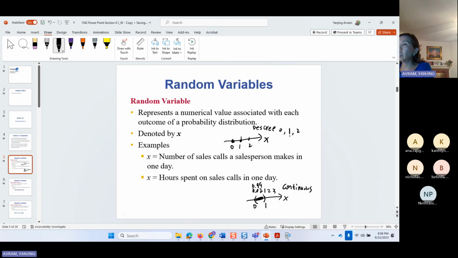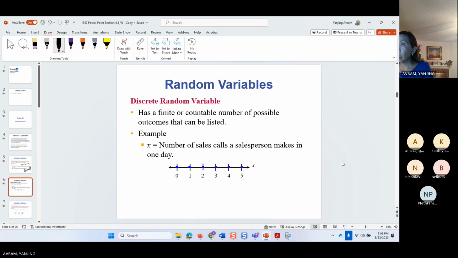All right, so that is just a point on the number line. The continuous is an interval, between 0 and 1. And how many numbers are there between 0 and 1? There are a lot. You can have an infinite number between 0 and 1, because I can have 0.001, I can have 0.5, or I can have 0.99, and I can add a digit again and again. So those are the continuous numbers.